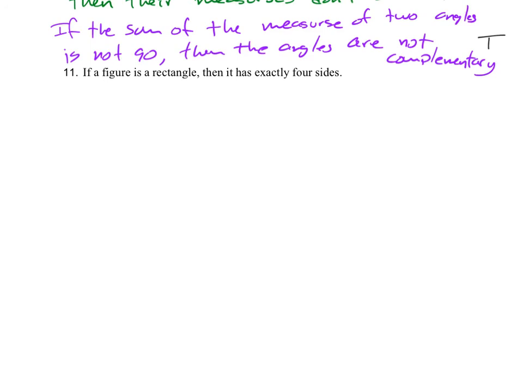Okay, so the next one: if a figure is a rectangle, then it has exactly four sides. Right? Let's start with the converse. If the figure has exactly four sides, then the figure is a rectangle.